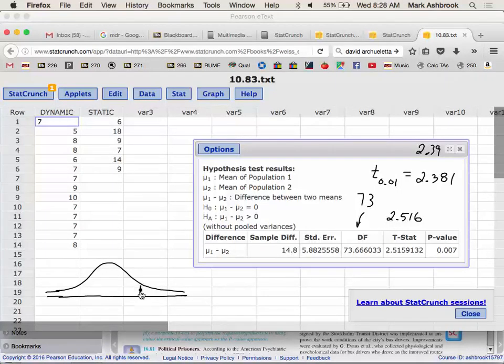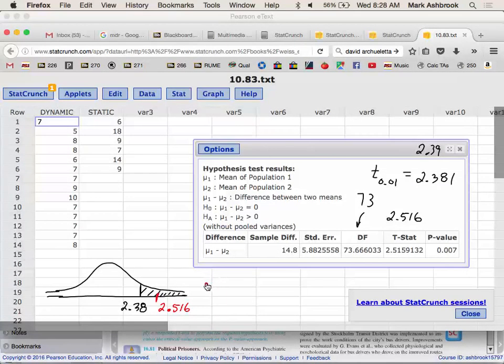So what is our critical value? We got that as about 2.38. And then there's our rejection region. And then what is our test statistic? 2.516, which is up here.